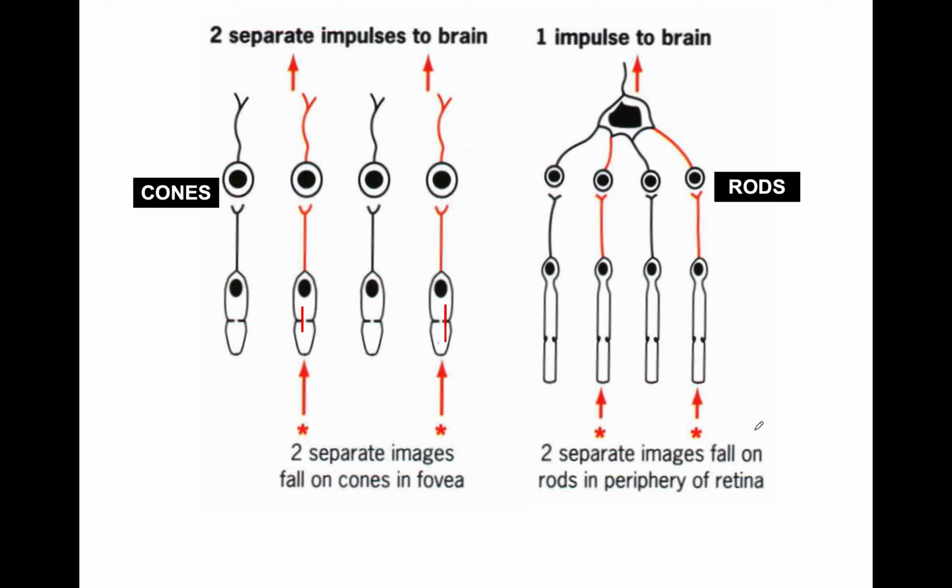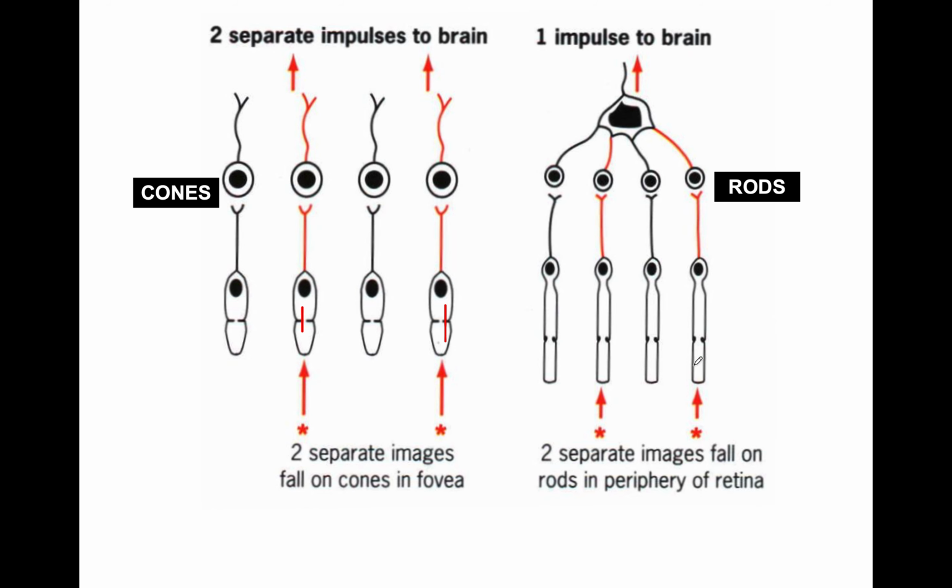Whereas in rods, where we have that convergence, so spatial summation, many rods forming a synapse with a single bipolar neuron, those 2 separate images may fall on 2 rods.